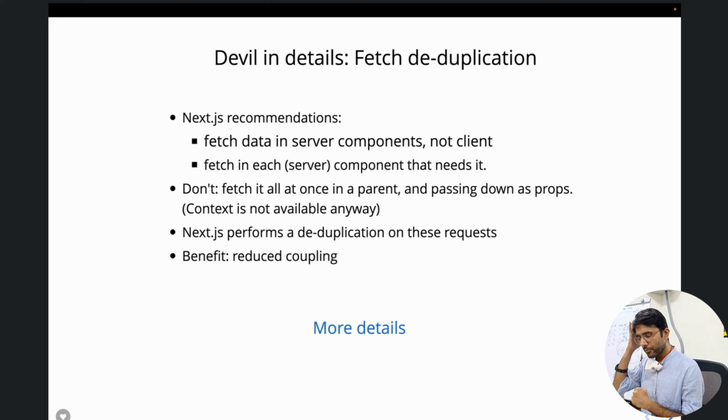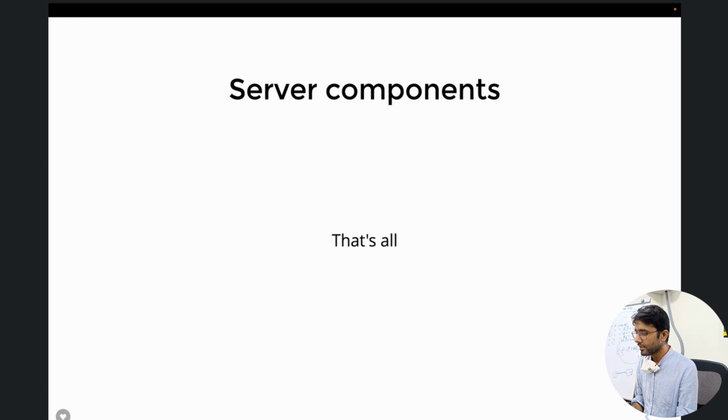They have that optimization in place. Actually, I like this part, where you can decouple your component and fetch its data separately. But yes, this is a little bit of a departure from the way a lot of projects work. That's all I have for now.